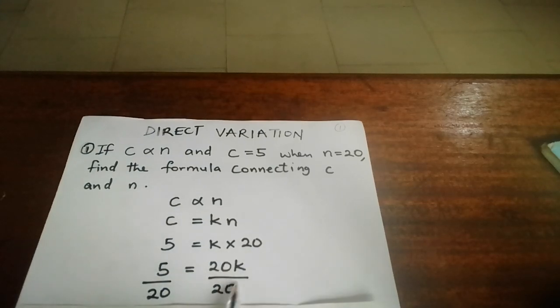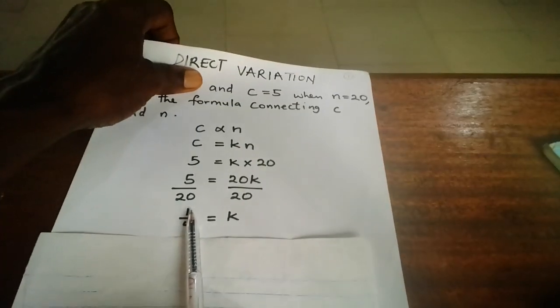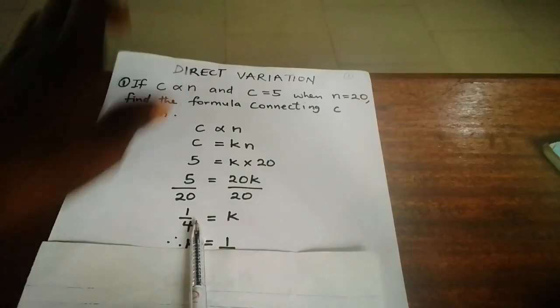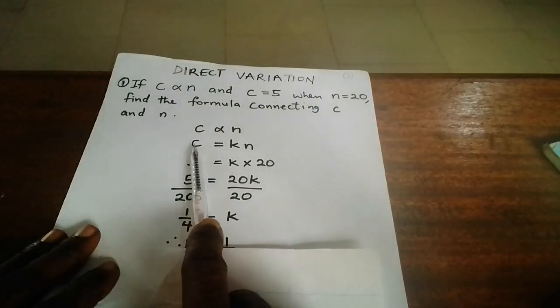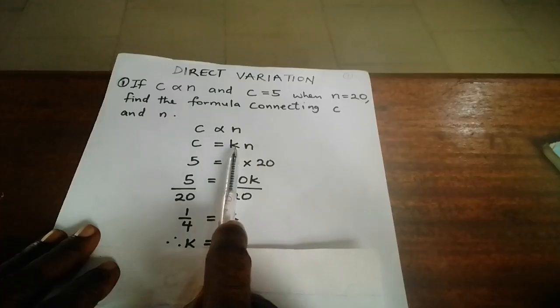So 20 divided by 20 will give us what? Remaining K. 5 divided by 20: 5 in the numerator gives 1, and 20 in the denominator gives 4. So our K is equal to 1 over 4. From there, you substitute back into the formula C equals Kn.